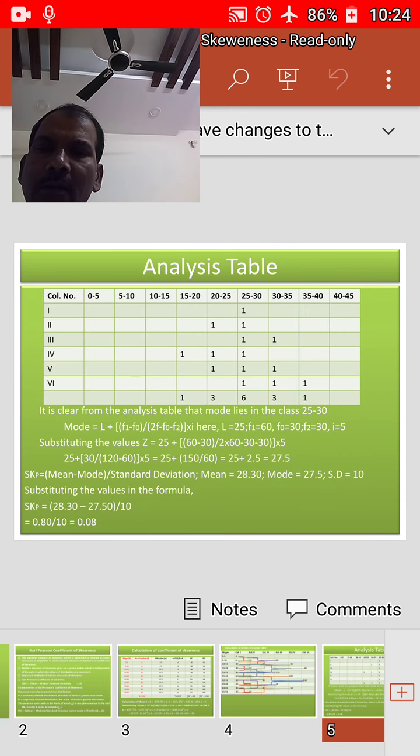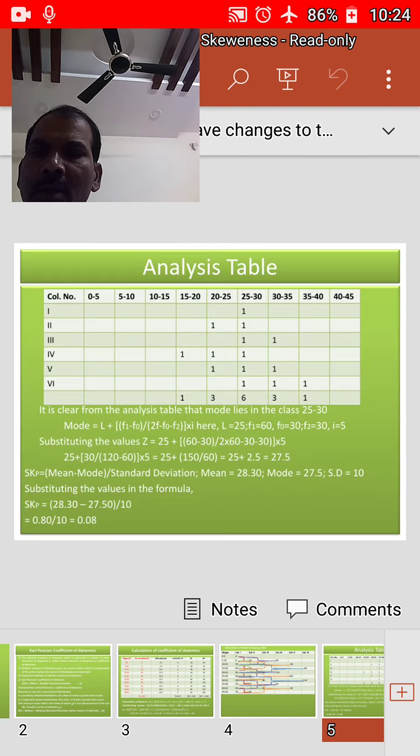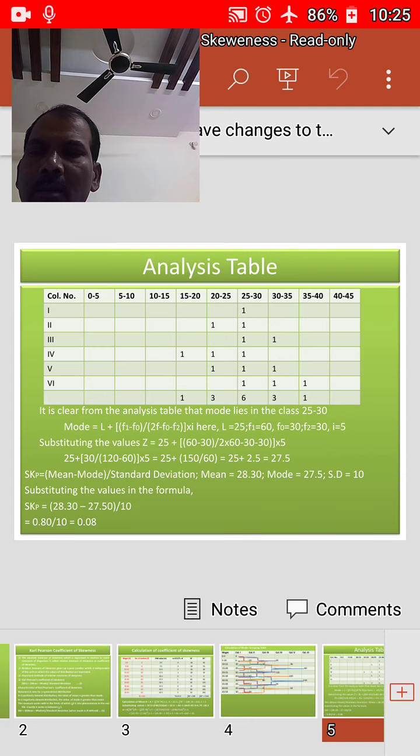In the same manner, in the second column, you will find the classes 20 25 and 25 30 occurring more number of times, put 1 there. If you go to the third column, you will observe 25 30 and 30 35 occurring more number of times. If you go to the fourth column, you will observe that 15 20, 20 25, 25 30 are occurring more number of times, so you need to put 1 there.